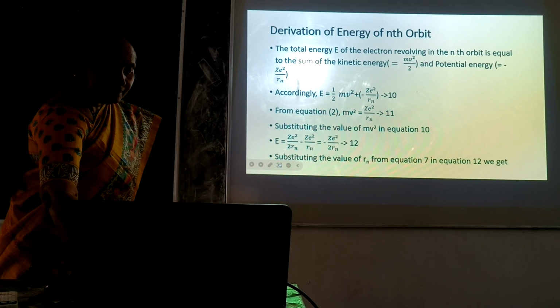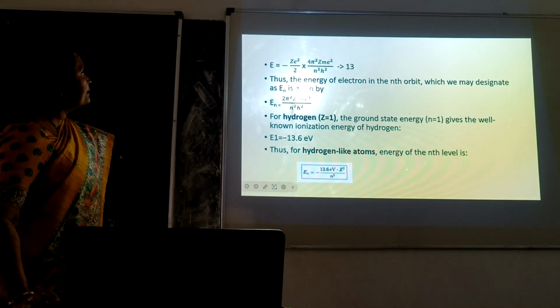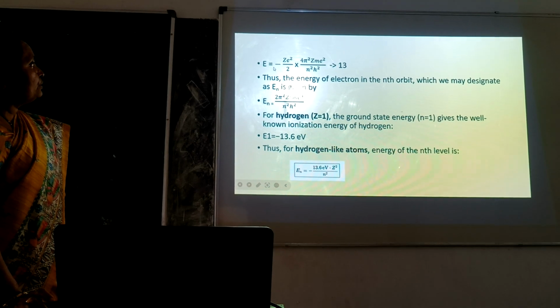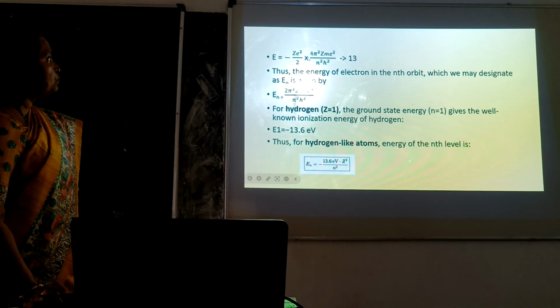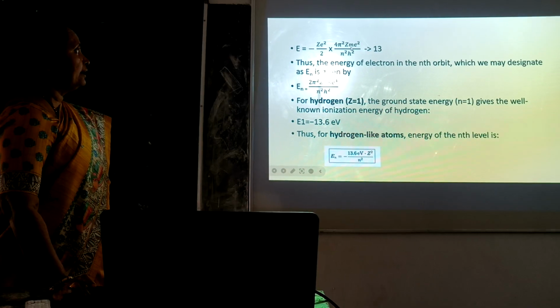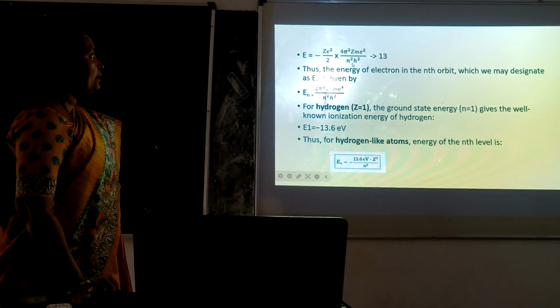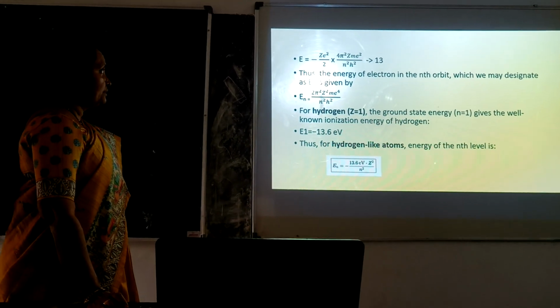We will be getting E equal to minus Ze squared by 2 into 4 pi squared Z m e squared by n squared h squared. This is equation 13.